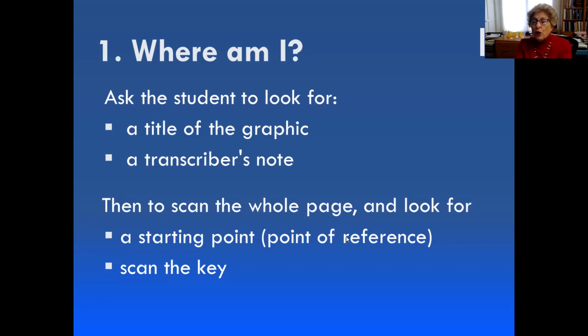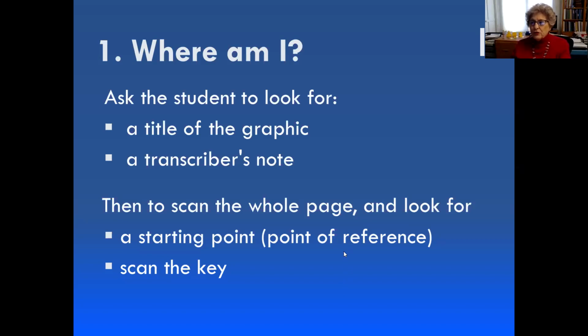Anyway, you want to encourage kids to look for that title and see whether or not there's a transcriber's note that may have some kind of description about what they're about to look at. Then what the kids usually do is scan the whole page and look for a starting point. Interestingly, what most kids do is take whatever is the most outstanding texture, or the highest point, or the roughest, whatever looks like the most important texture, and assume that is the most important information.